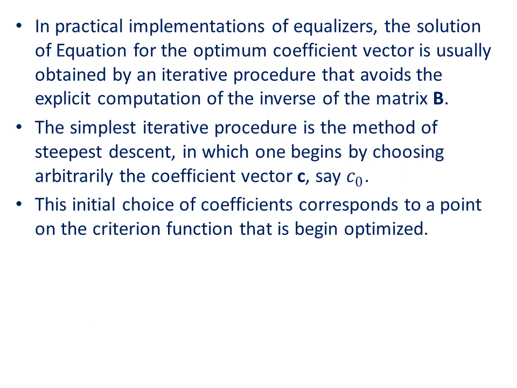Now in practical implementations of equalizers, the solution of the equation for the optimum coefficient vector is usually obtained by an iterative procedure that avoids the explicit computation of the inverse of the matrix B. The simplest iterative procedure is the method of steepest descent, in which one begins by choosing arbitrarily the coefficient vector C, say C0.